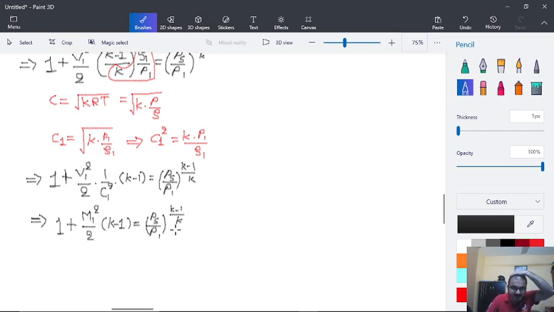So that's the thing, and now our objective is to obtain the stagnation pressure, so we will be working towards that.